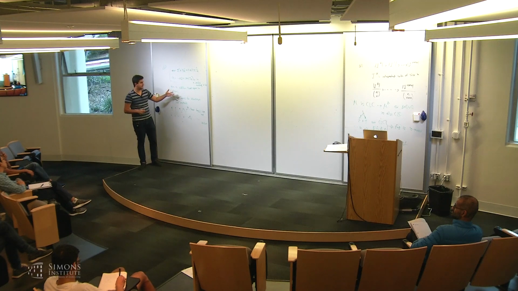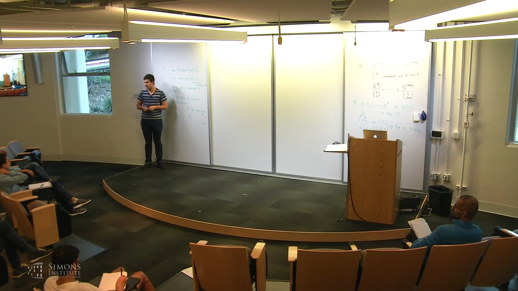So for perfect matchings in general graphs, there is this conjecture of Lovász and Plummer.